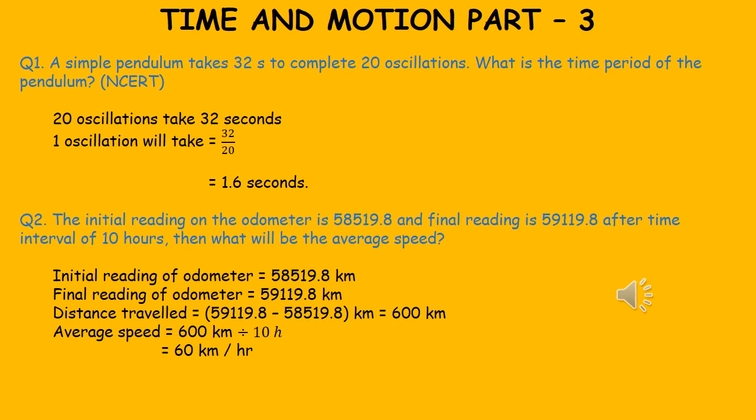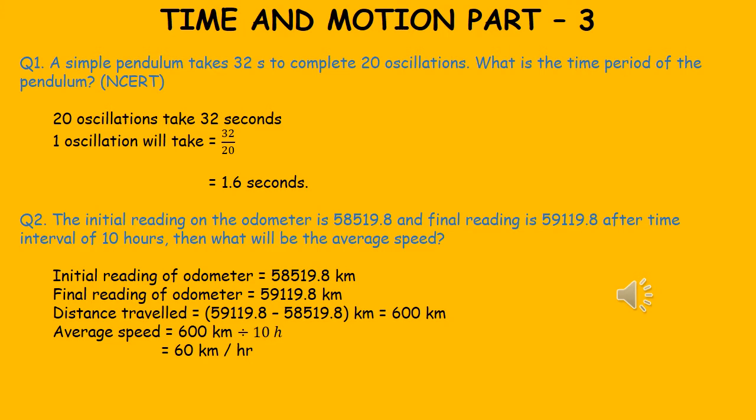Now we have to relate to the previous PPT: what is an odometer? An odometer is the instrument which gives us the distance travelled by a moving vehicle. So these two readings, initial and final, are related to distance travelled, and that is in kilometer.